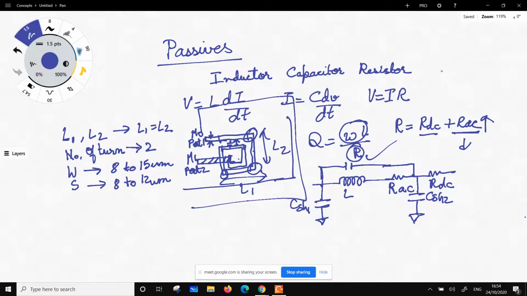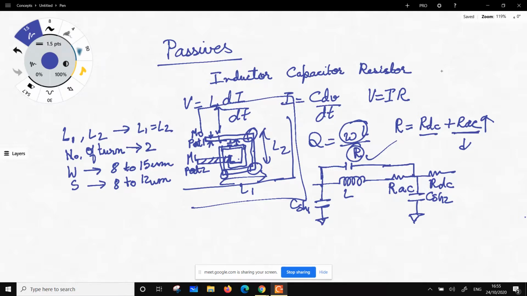But then this separation from the ground ring is important. It has to be more than 50 to 60 micron, maybe 100 micron. Then you will have a ground ring, but it is going to take more space. Sometimes you do not have space, so that's a problem with the ground ring. A ground ring around inductors is going to isolate the fields in the inductor from the external circuit.